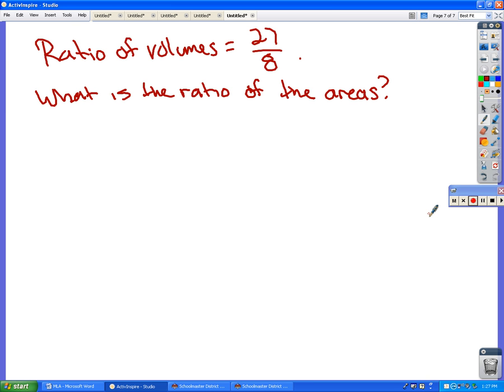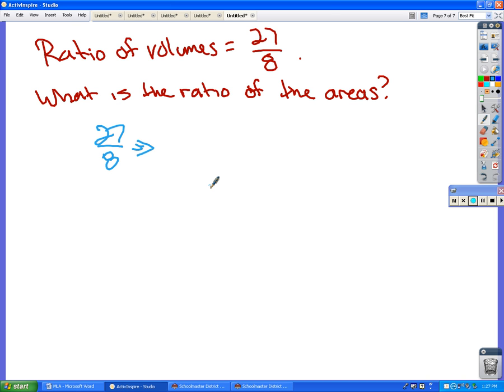Okay, if the ratio of the volumes is 27 to 8, and they ask you what the ratio of the areas is, Anthony? Okay, 3 to 2. He said because if I start with 27 to 8, how did you get 3 to 2 out of that? How did you get the 3 to 2?